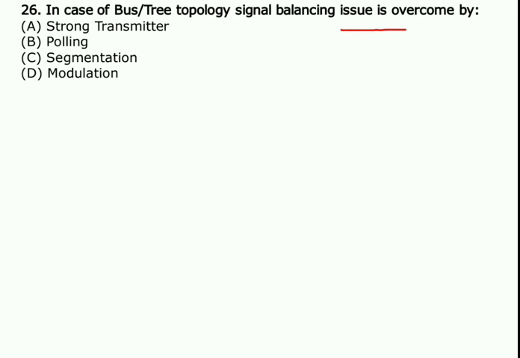To maintain signal strength and avoid degradation, we use a technique called segmentation. In segmentation, we divide the network into a number of smaller segments and connect them using repeaters or amplifiers. This ensures that the signals are refreshed and retransmitted, overcoming degradation and maintaining balance. So option C is the correct one.